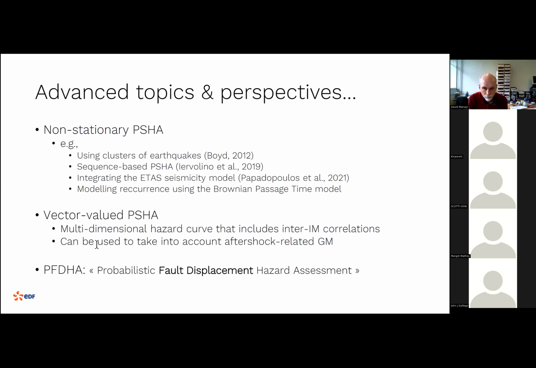And to conclude, I just want to mention that this probabilistic framework is not only used for seismic hazard assessment, but has also inspired many other types of hazard assessment. And recently, at least in the nuclear industry, the focus has turned to another type of assessment, which is the probabilistic fault displacement hazard assessment.